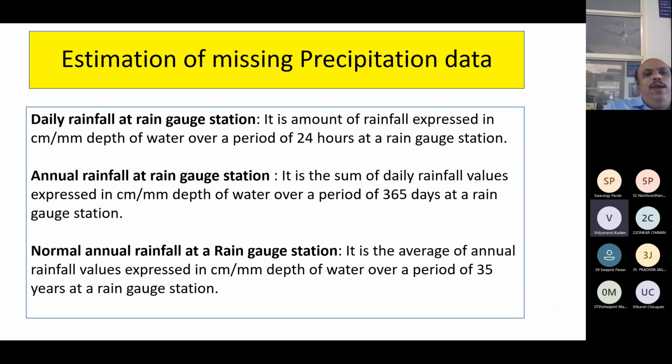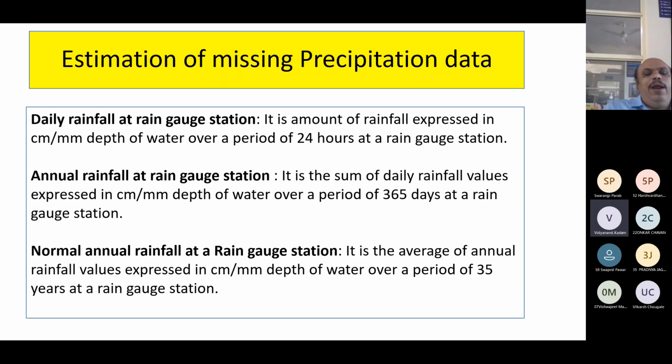The second term is annual rainfall at a rain gauge station. It is the sum of daily rainfall values expressed in centimeter or millimeter depth of water over a period of 365 days at a rain gauge station. The first value was the daily rainfall, the rainfall in the last 24 hours.